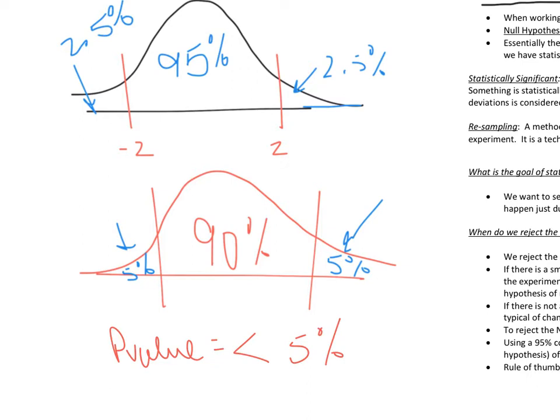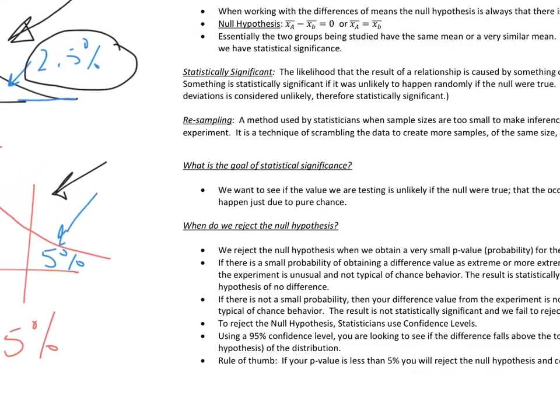It really depends. Some people like to use the 90% because they might not get the p-value that they desire, and I'll say what I mean when we do an example. But the better one is this 95%, because if you're at 2.5% or lower, that's really small and has a rare chance of happening, so that's more statistically significant.